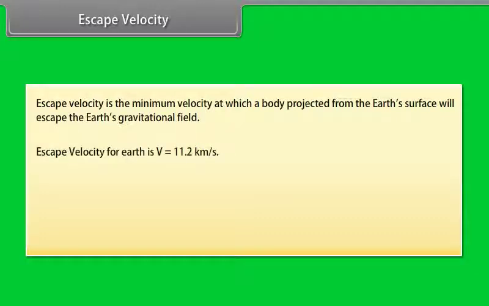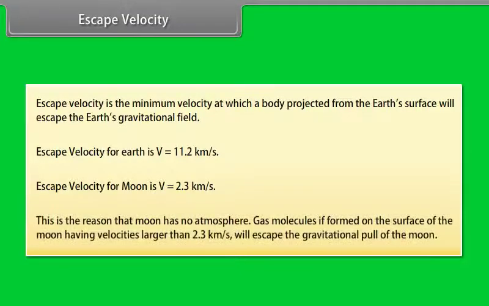Escape velocity for the Earth is v is equal to 11.2 km per second. Escape velocity for Moon is v is equal to 2.3 km per second. This is the reason that Moon has no atmosphere. Gas molecules, if formed on the surface of Moon having velocities larger than 2.3 km per second, will escape the gravitational pull of the Moon.